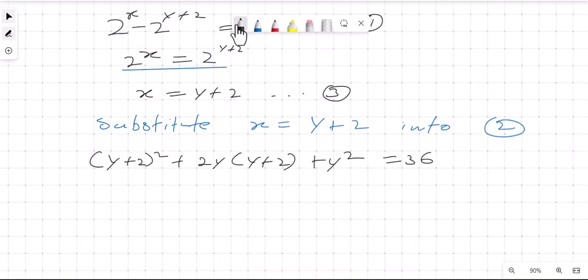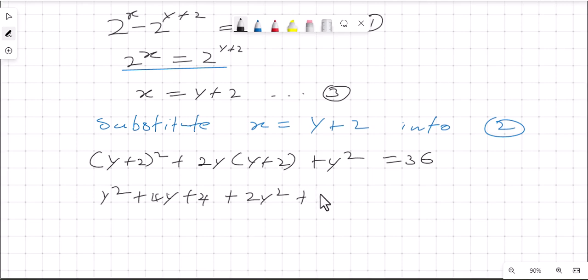Then we expand the square binomial: y times y is y squared, plus y times 2 is 2y, times 2 is 4y, and then 2 times 2 is 4. Then 2y times y is 2y squared, 2y times 2 is plus 4y.